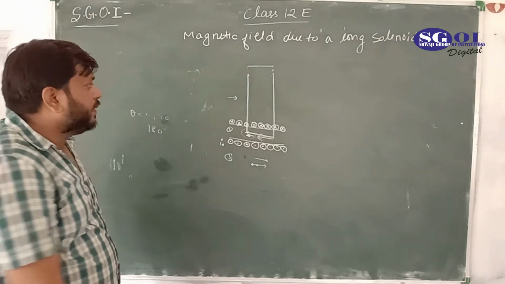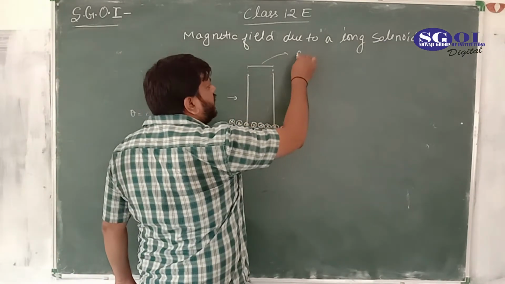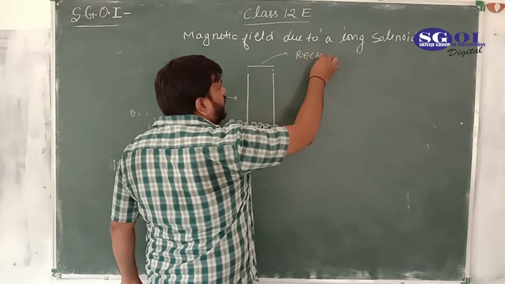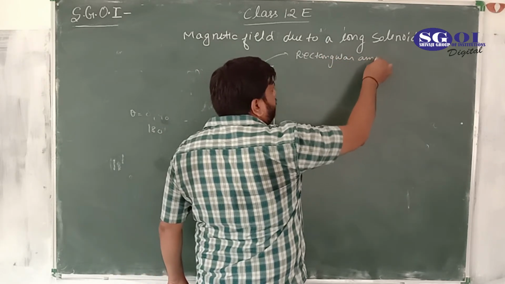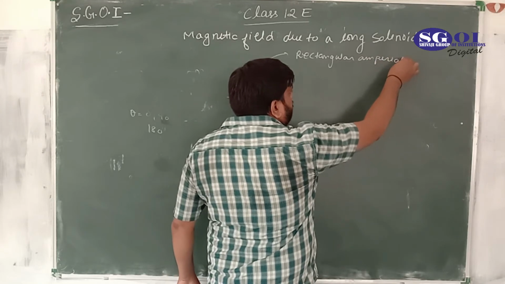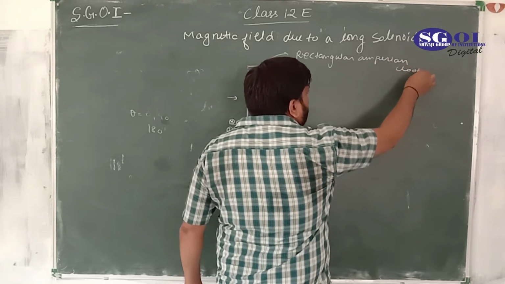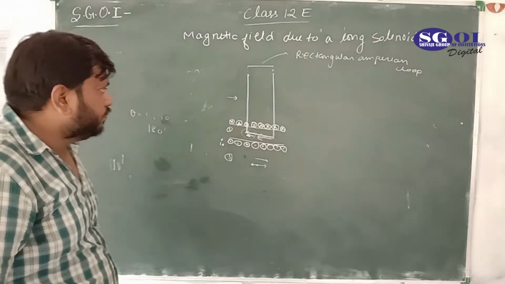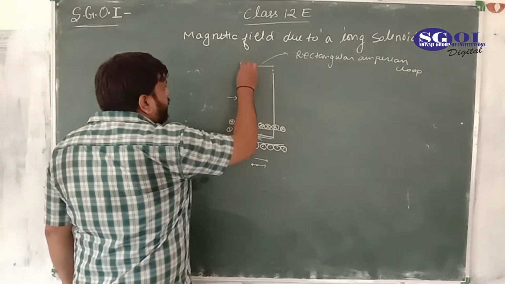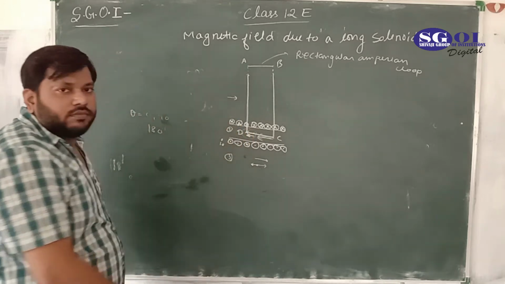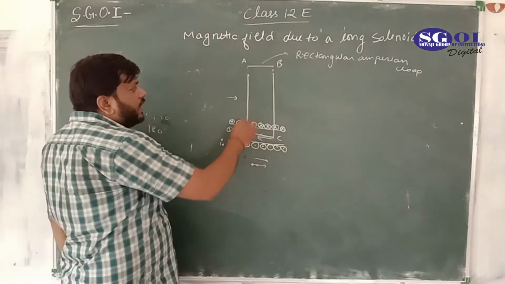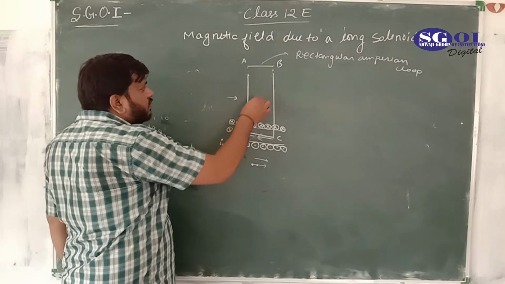This is a simple rectangle. This is a rectangular Amperian curve. This is a rectangular Amperian loop, and name it A, B, C, D. And take the direction of the Amperian curve like this.